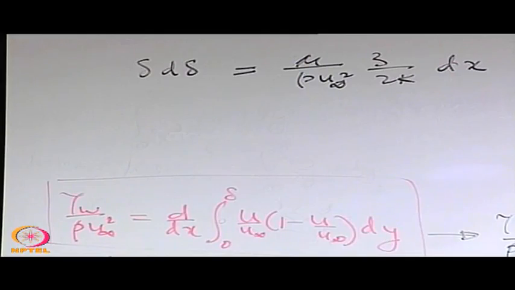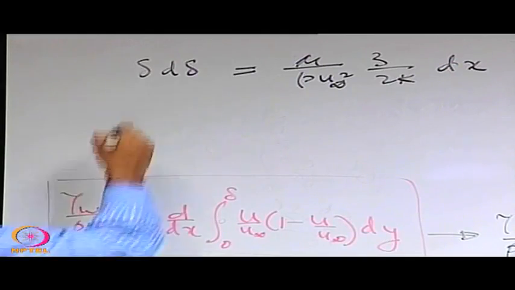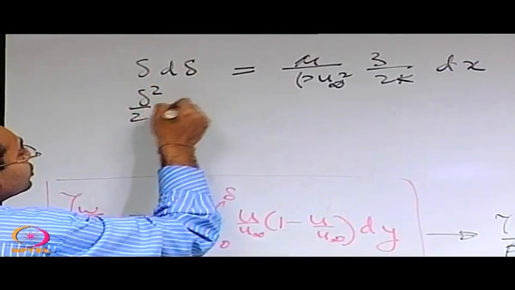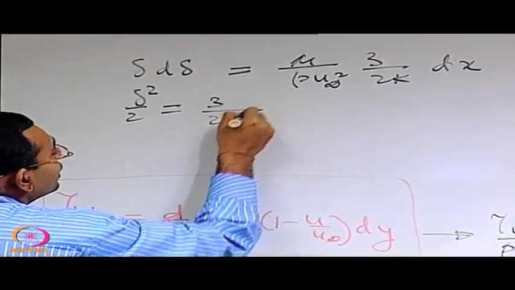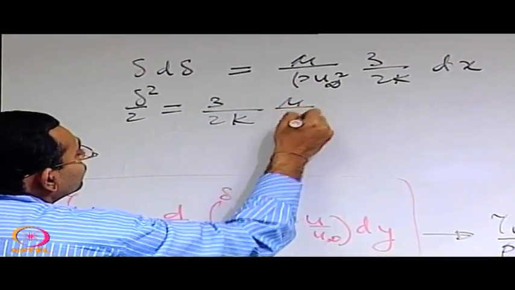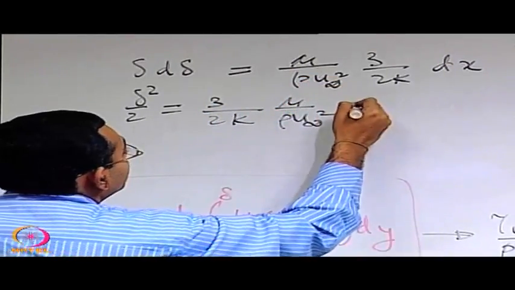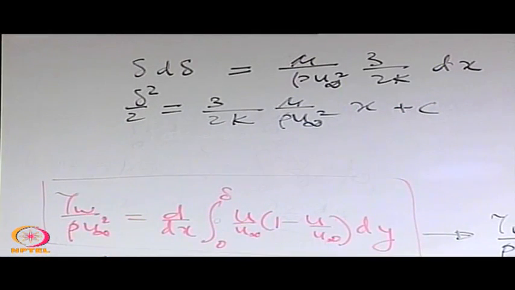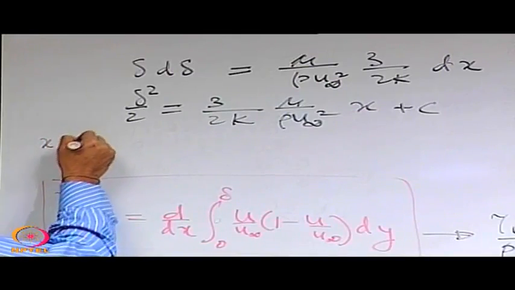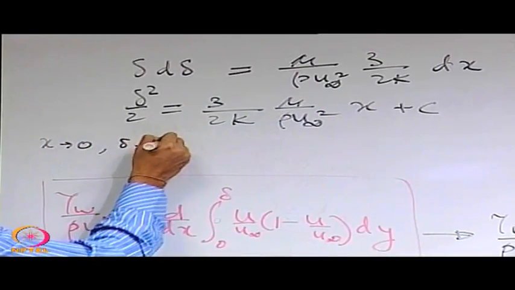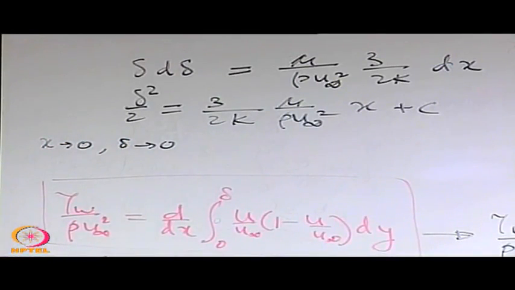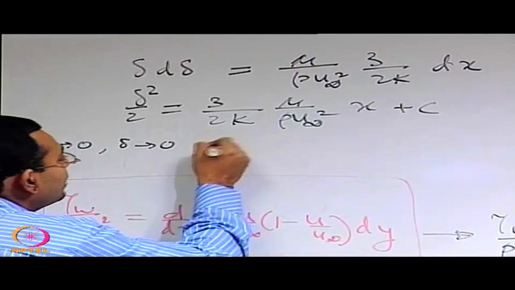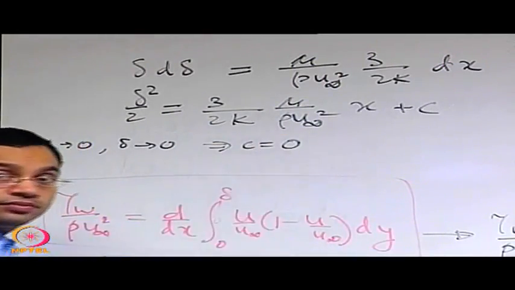If you integrate it, delta square by 2 is equal to 3 by 2 k mu by rho u infinity square x plus a constant of integration. As we know, in the limit as x tends to 0, delta tends to 0, that is the edge of the plate from where the boundary layer grows, and therefore you must have c equal to 0.